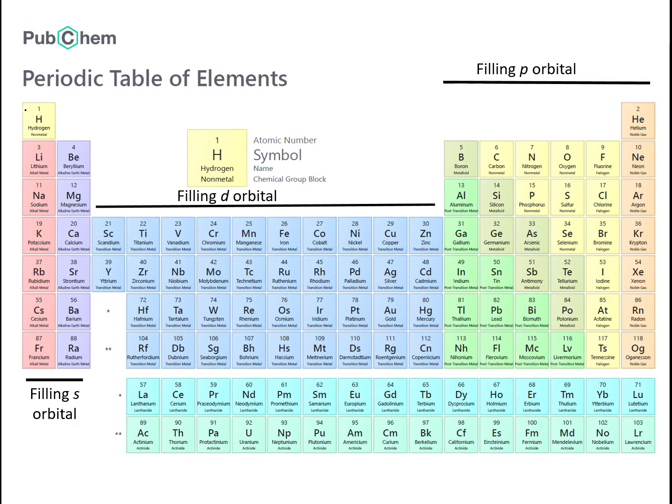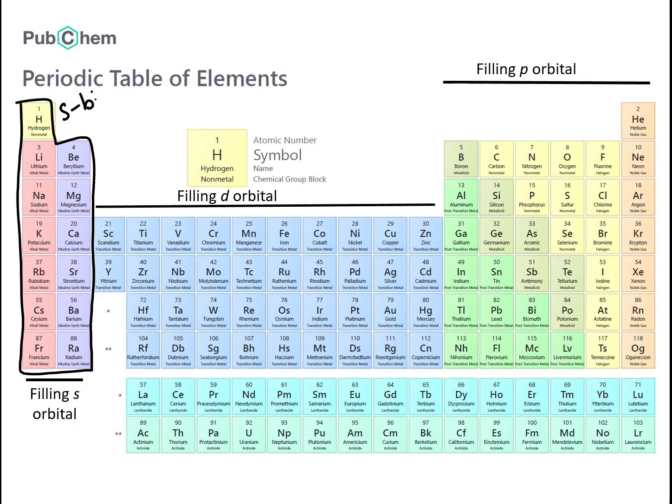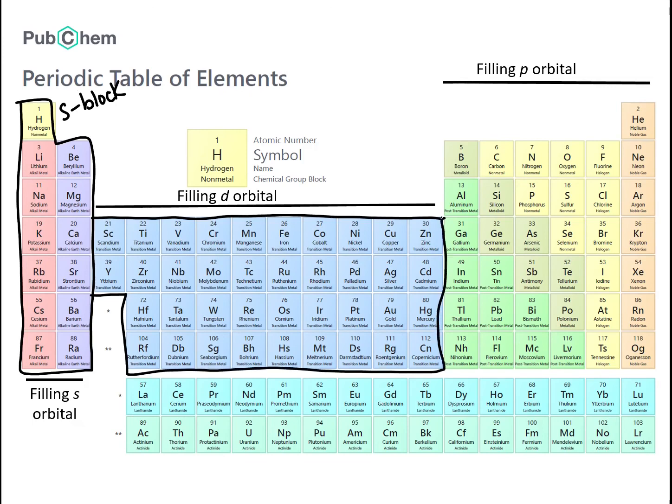We can break up the periodic table according to which orbital is being filled. So these first two columns, they're always going to be filling the s orbital. So it's called the s block. The next section is called the d block, and that's because it's filling the d orbital.